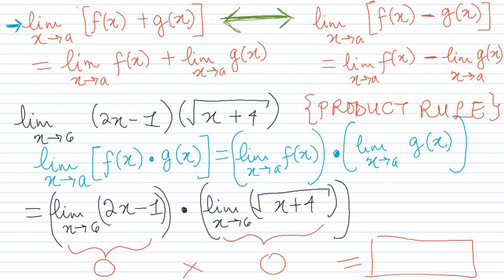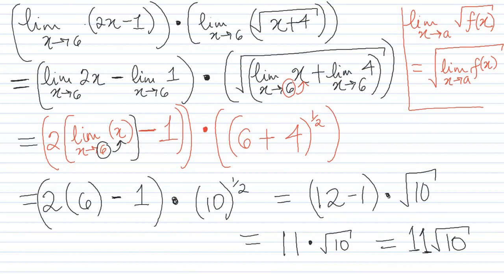That's what I was explaining at the bottom. Then we started to do that. One sub-function is 2x minus 1. The other sub-function is the square root of x plus 4. We found the limit of the first sub-function, which was what we did.